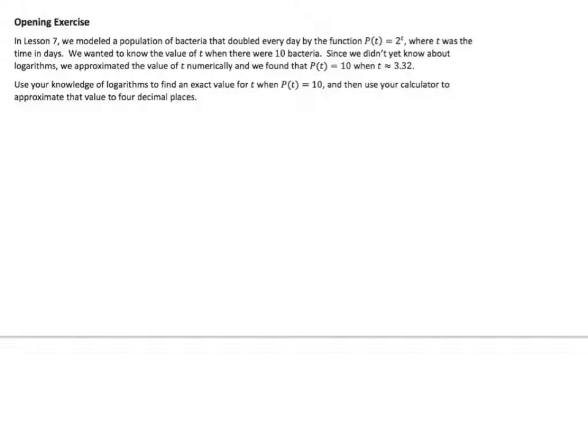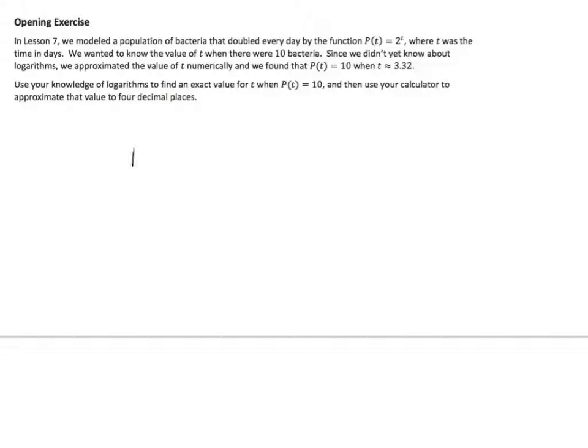Since we did not know about logarithms at the time, we approximated the value of t numerically, and we found that p of t equals 10 when t is approximately 3.32. Use your knowledge of logarithms to find an exact value for t when p of t equals 10, and then use your calculator to approximate the value to 4 decimal places.